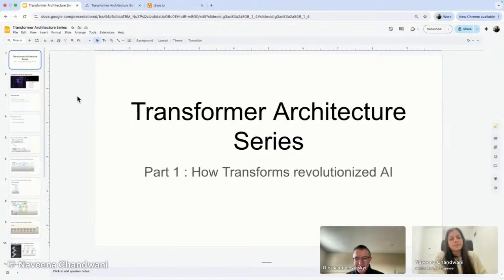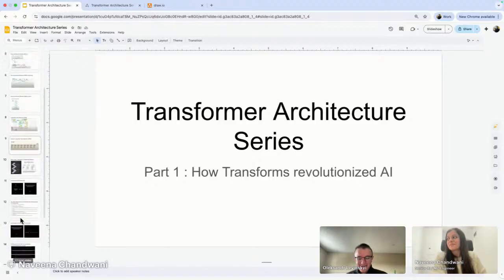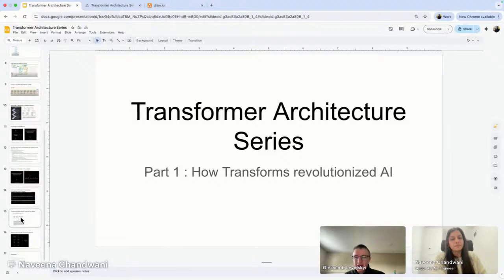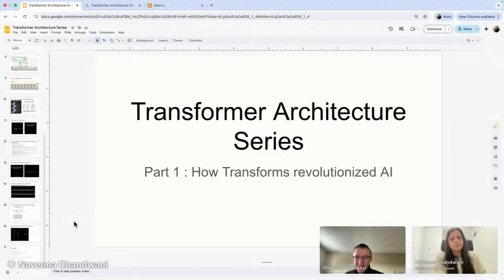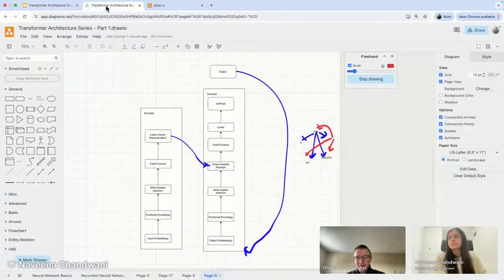There are a couple of questions, especially about the last part. So this transformer architecture, this diagram that you drew on draw.io, and then the last slide, I think, before references. So I guess the first question was, there is a training process, right?